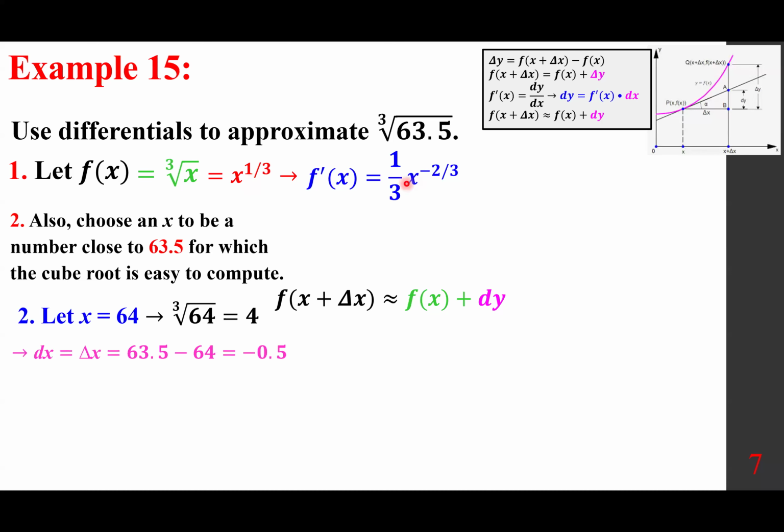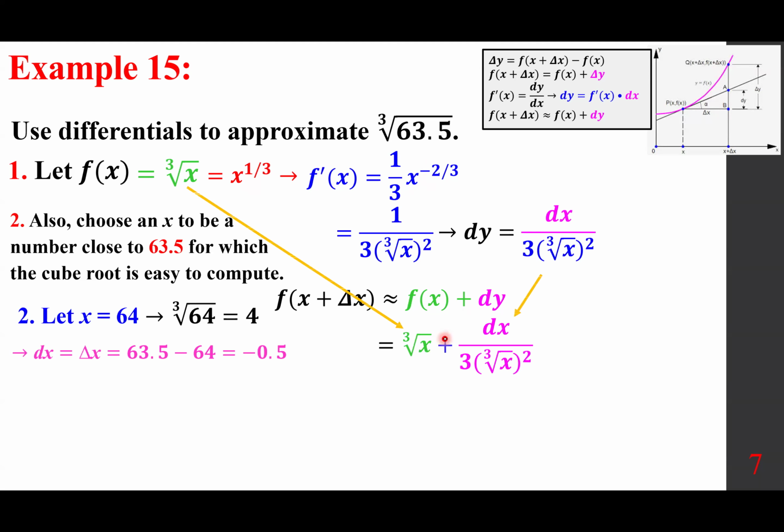And this comes down here and takes a positive 2/3 as the exponent, or 1/3 times the cube root of x quantity squared. This is f prime. What is dy? Exactly the same thing times dx. Therefore, we have f of x, we have dy. Let's replace.